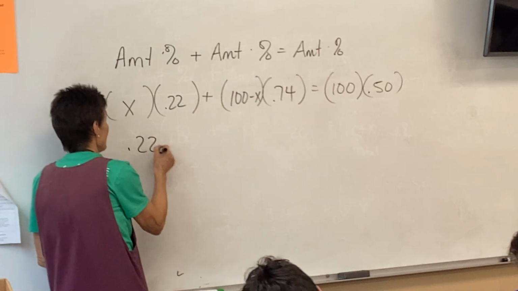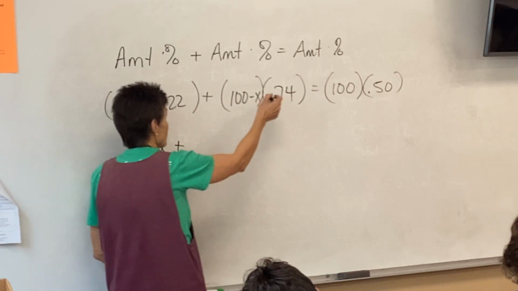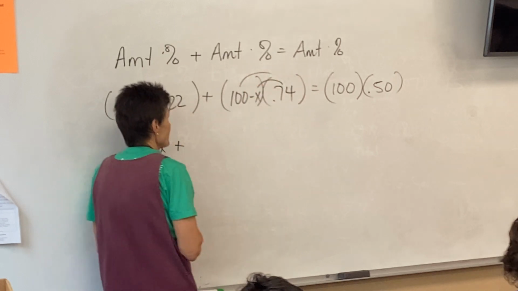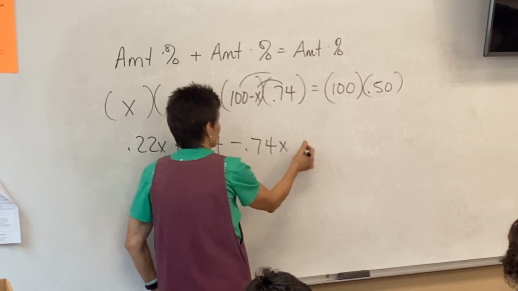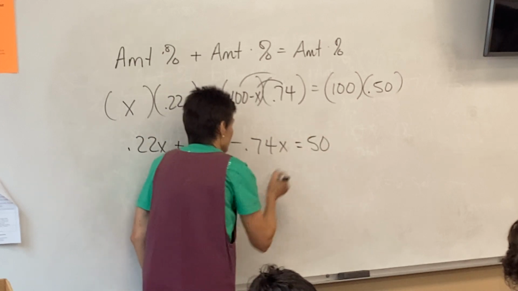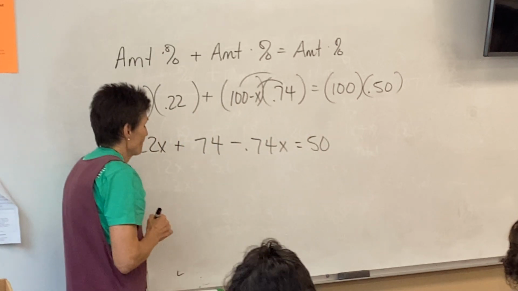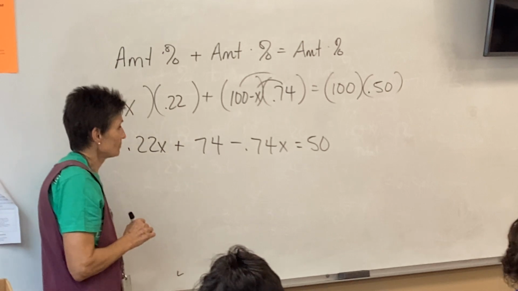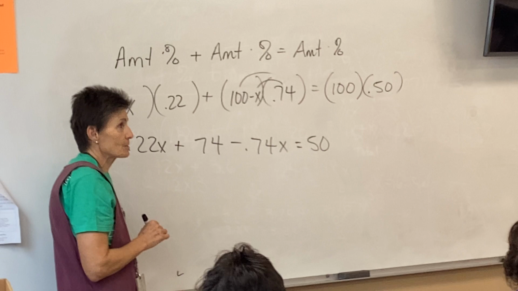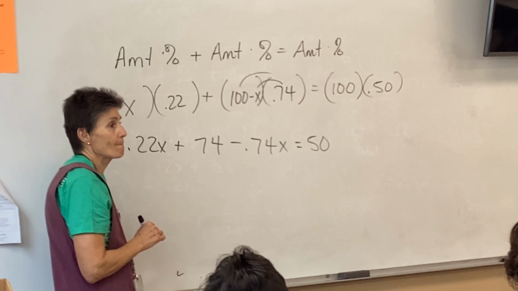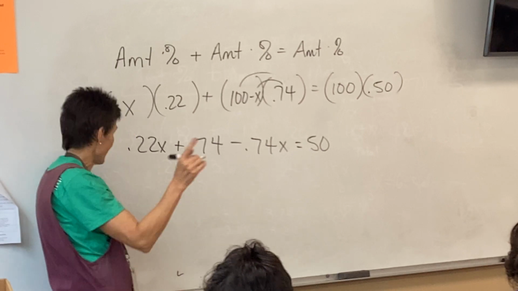So 0.22X. This is always a distribute. Make sure you're distributing. So what now? Combine like terms.